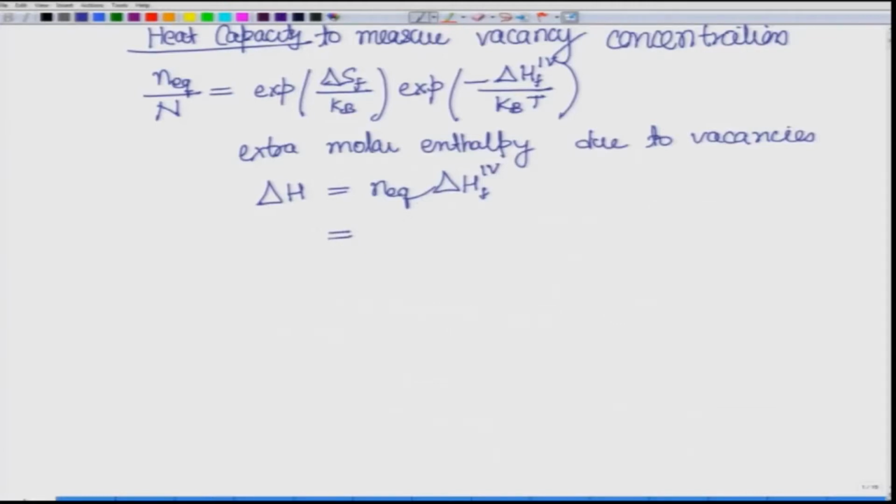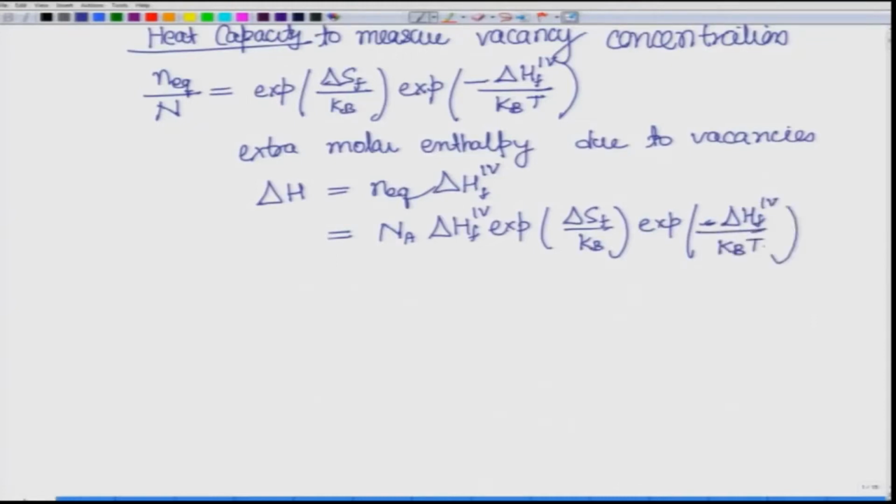Now, we have the relation for N equilibrium, we can write it per molar. If we take it, then it is Avogadro number, this is delta HF1V, and then the rest of the exponential terms as it occurred in the previous equation. Right. Now, delta Cp, as we know, the definition is nothing but the derivative of this enthalpy with respect to temperature at constant pressure.